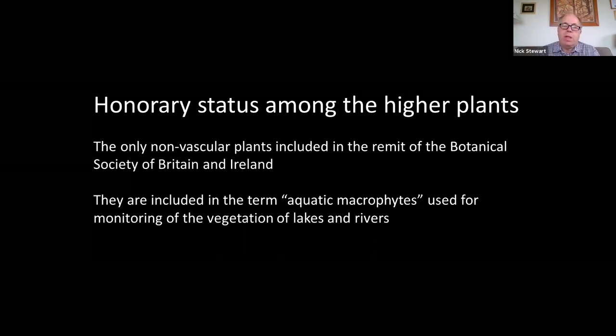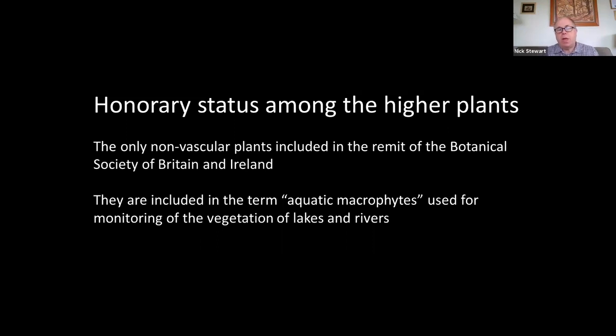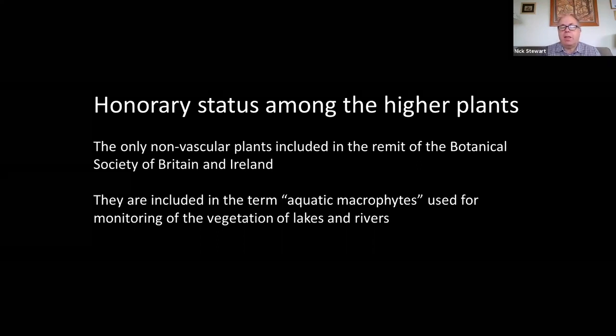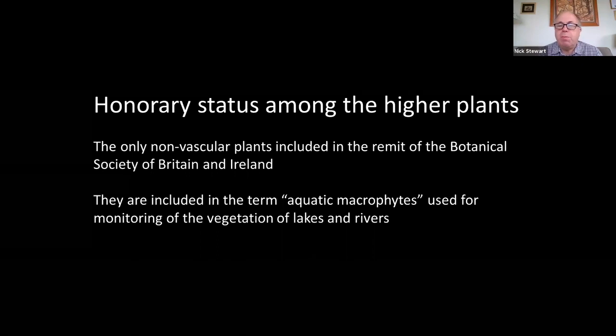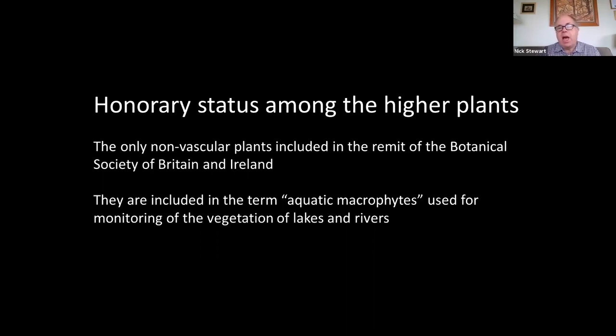When he was living in the Isle of Wight, he found the foxtail stonewort, and that caused quite a stir, and I think at that point he was friends with the leading lights in the Botanical Society, and from then on they thought, well, why don't we look at these too?